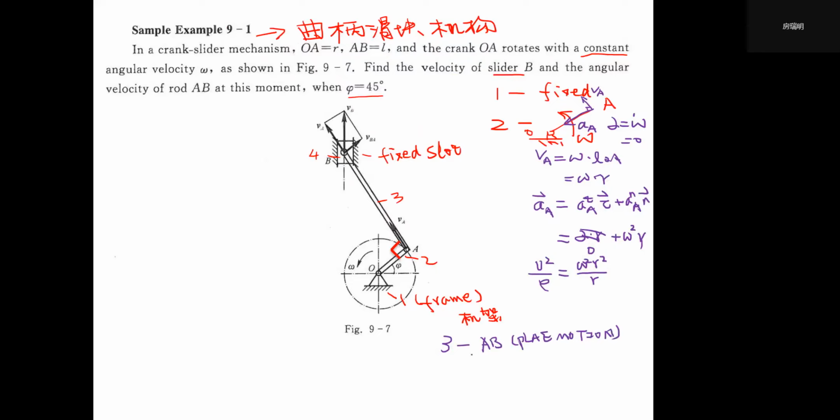Then the 4, right? 4 is the slider, because the fixed slot is the guidance. It can only move along a vertical trajectory, upward or downward. So this is another rigid body which has a simple movement, that is translational movement.